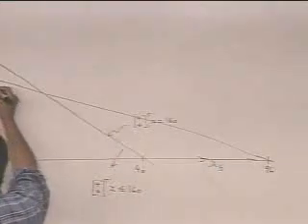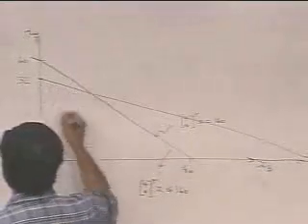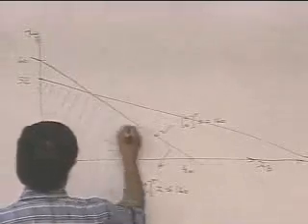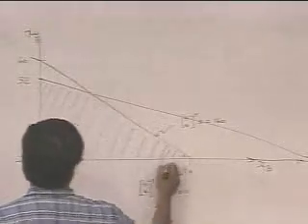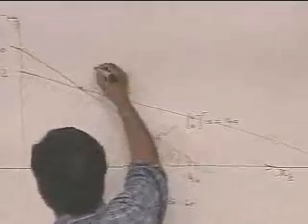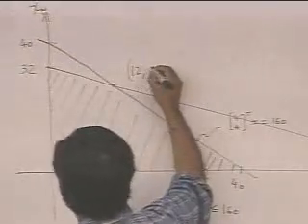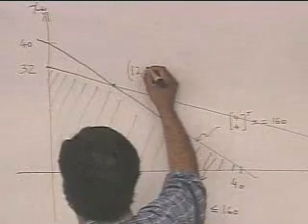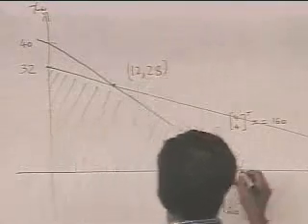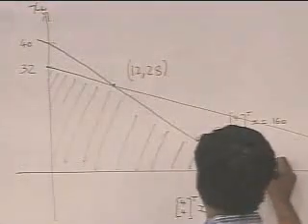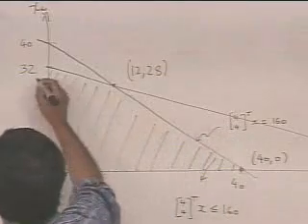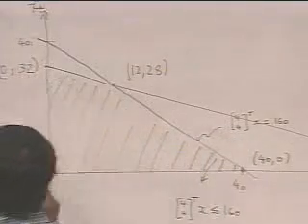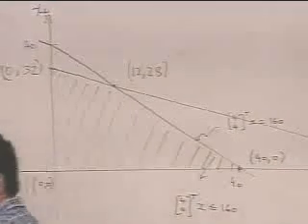Now the feasible region is this space. And this point here turns out to be 12 and 28. This point here is 40, 0. This point is 0, 32, and 0, 0.